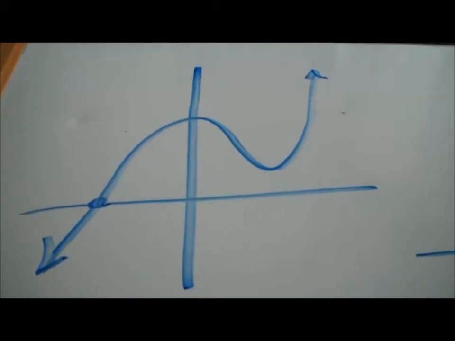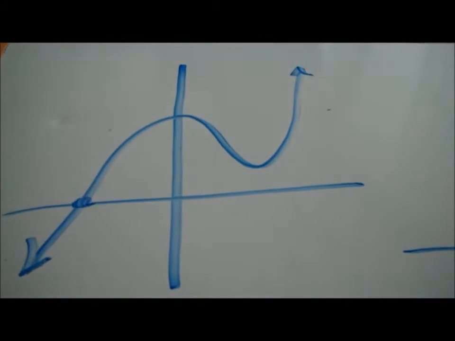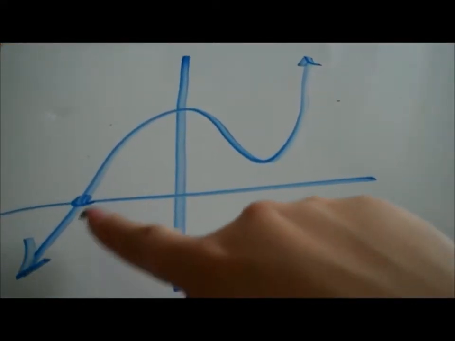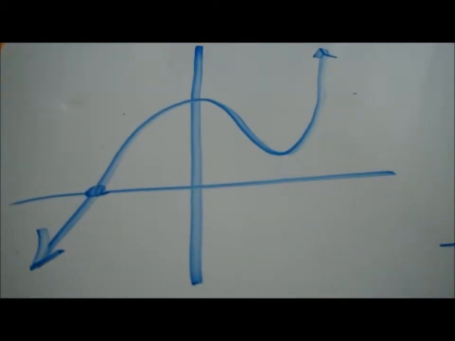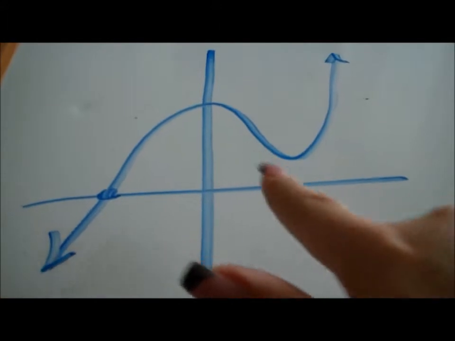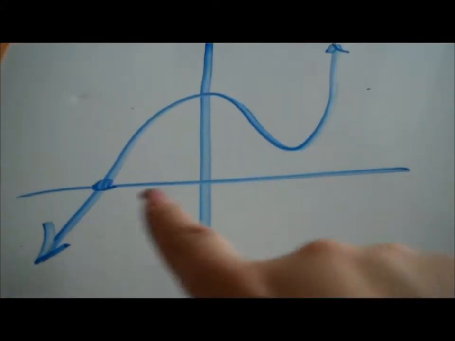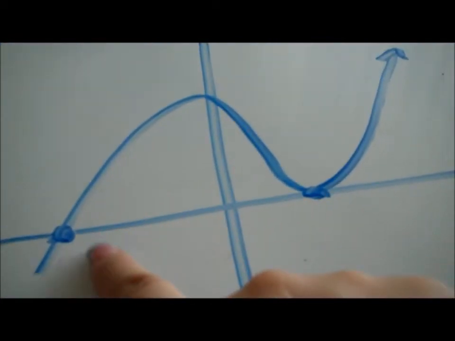Back in a previous section, we learned about the cubic function, so something that is being raised to the third power looks something like this, where it looks like a snake, or an upside down S, or a sideways S. So there are possibilities here with a cubic function. It could cross the x-axis once. Here we see that it could cross it twice.